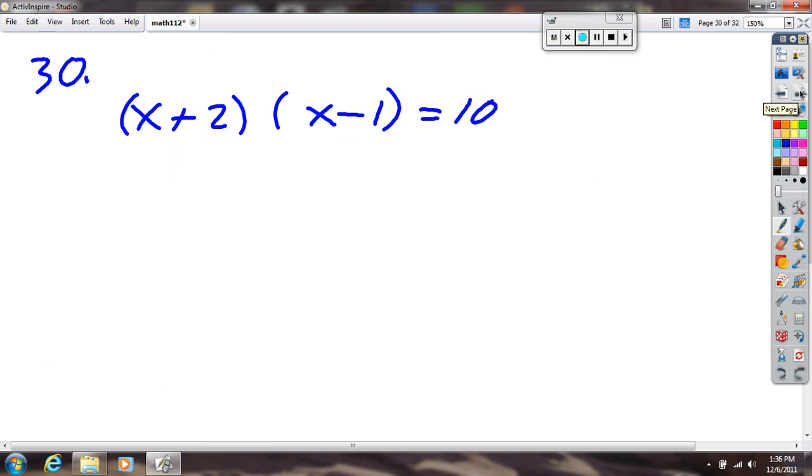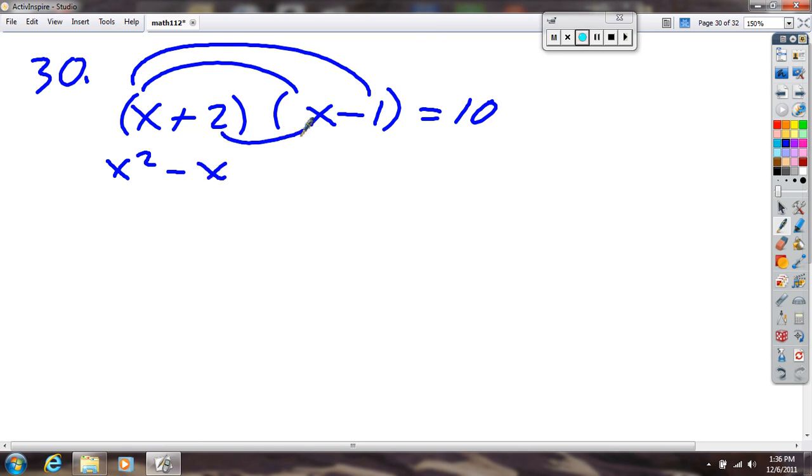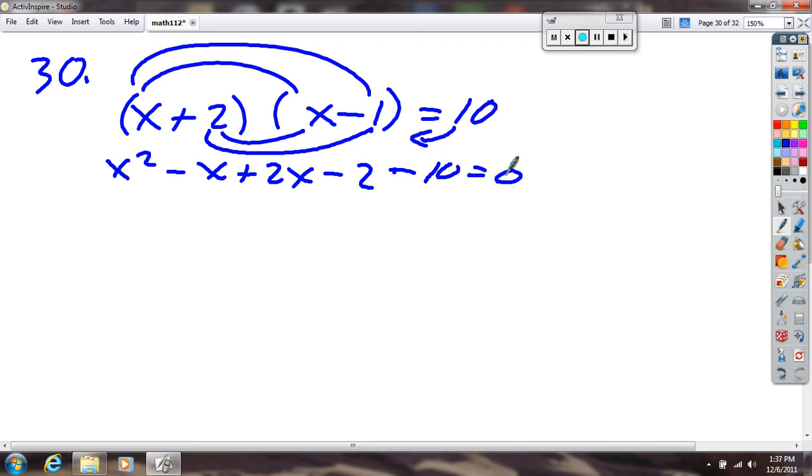Let's do one more, same basic problem. Use FOIL. First times first is x squared. Outside times outside is negative x. The 2 inside is a positive 2x. And the last one times the last one is a negative 2. Minus 10. I'm going to take the 10 and move it in here, change the sign. So I have x squared.